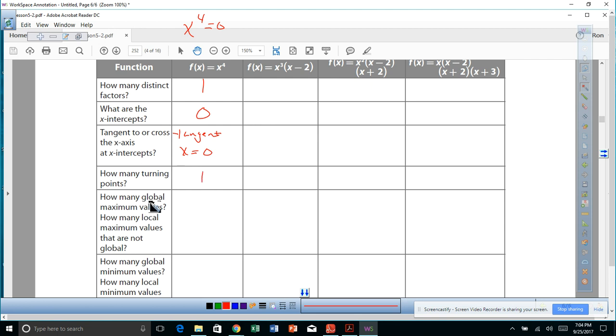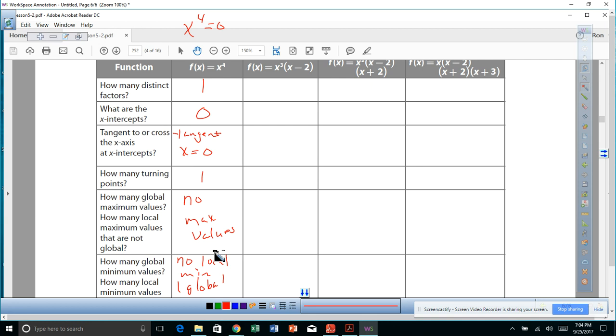How many global or local maximums? No max values. How many global or local min? No local min, one global, and that would be at x equals 0.